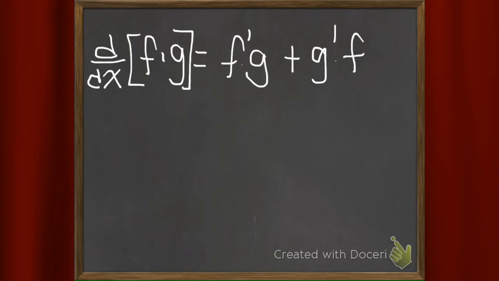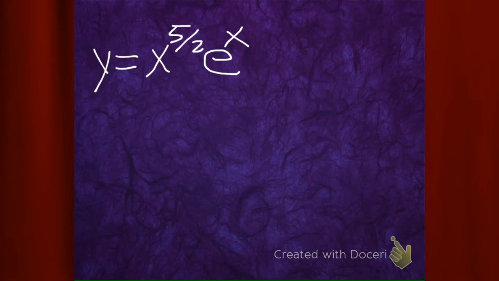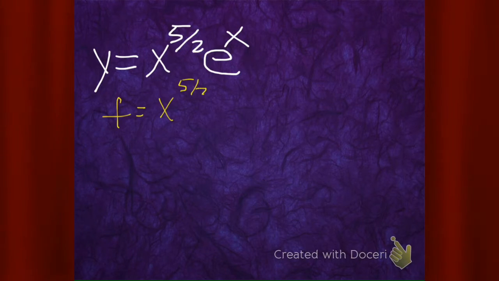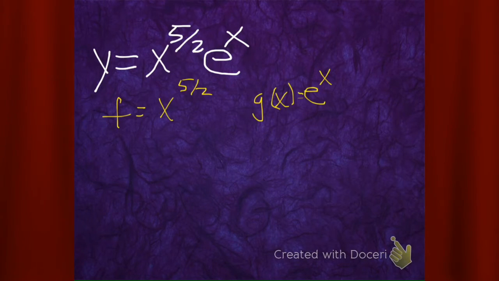And here we go. We've got two functions. I'm going to let the first, f, be x to the 5/2, and my g be e to the x. What's next? We're looking for y prime.